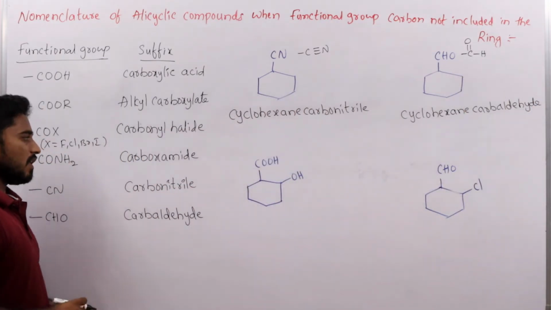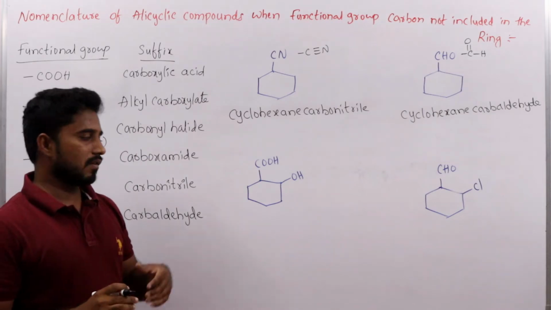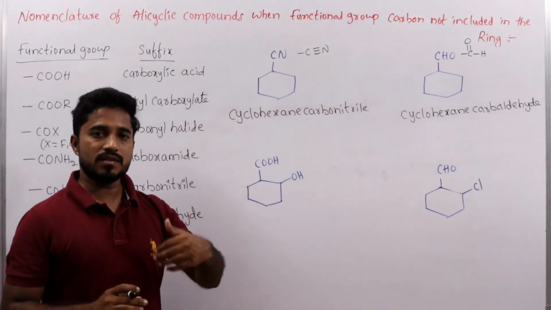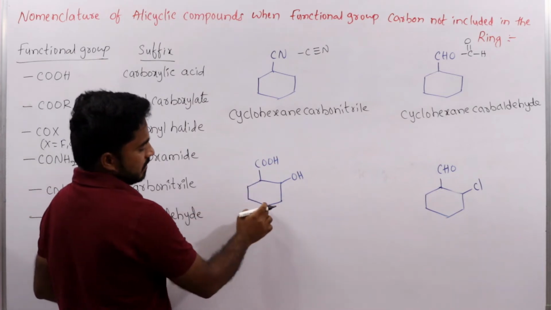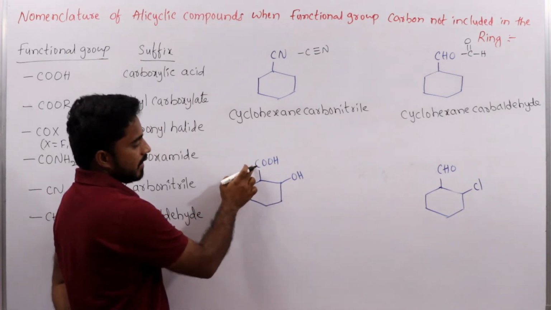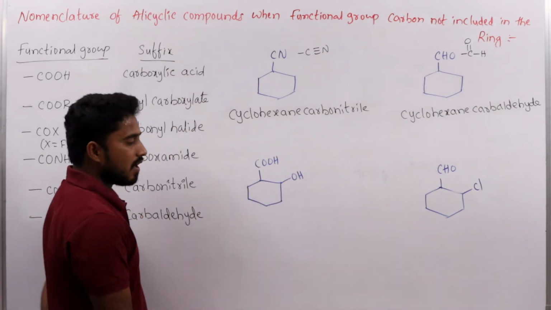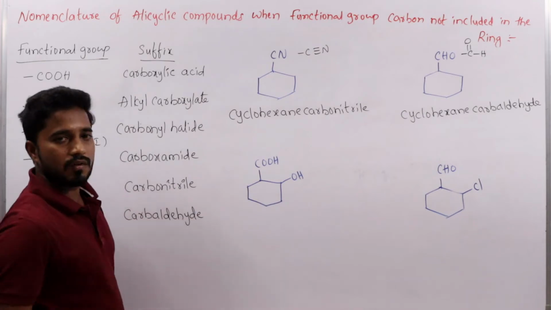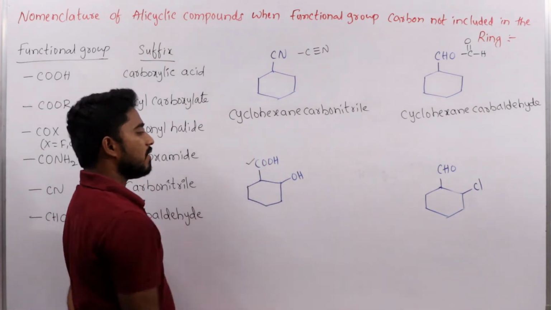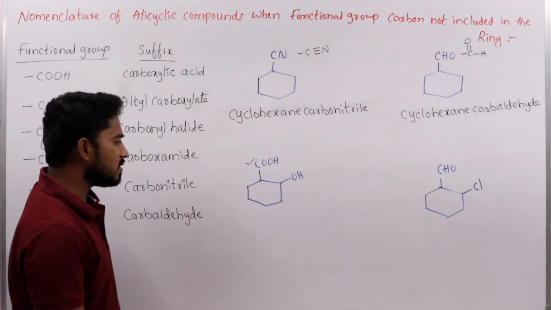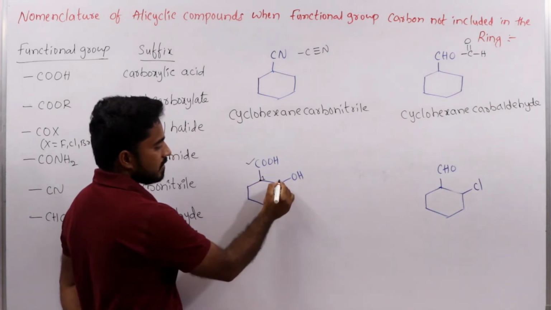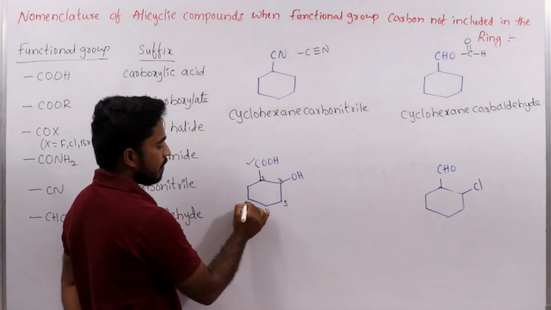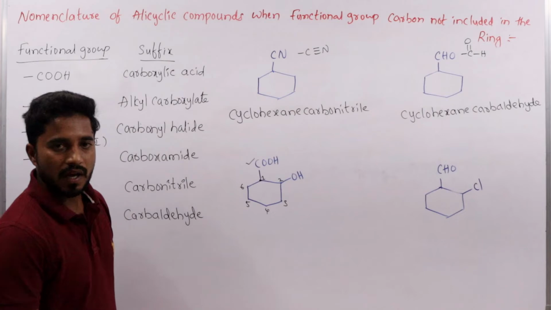Let us take similar types of molecules when they are bonded with substituents also. Here you see, to this cyclohexane ring, COOH and OH are bonded. Which one is the main functional group? COOH is the main functional group. That's why we start the numbering from this carbon as 1, then this is 2, 3, 4, 5, 6.